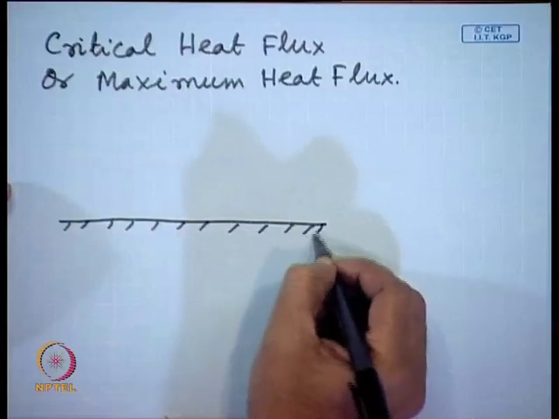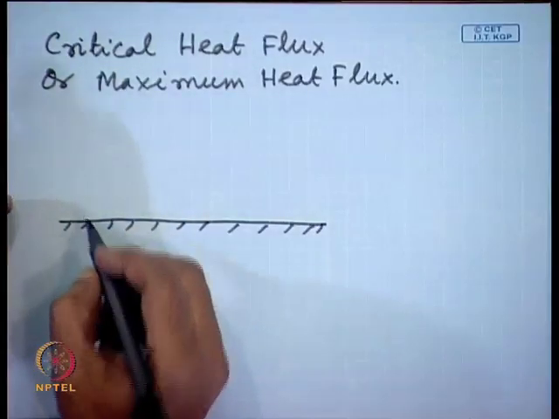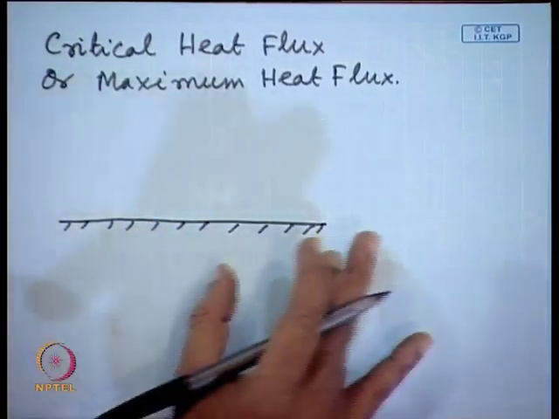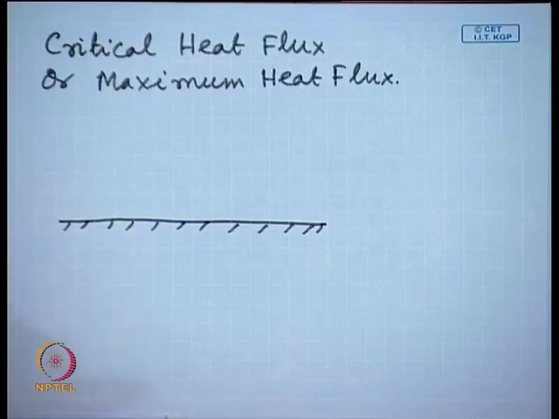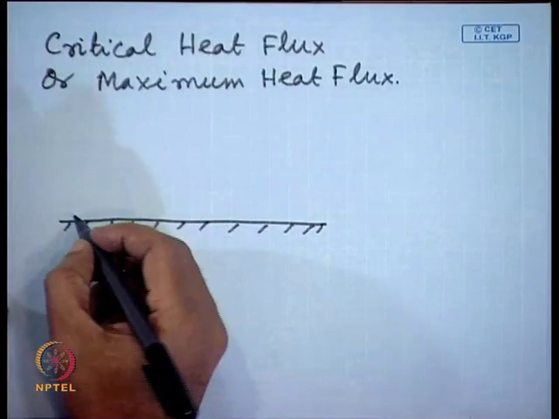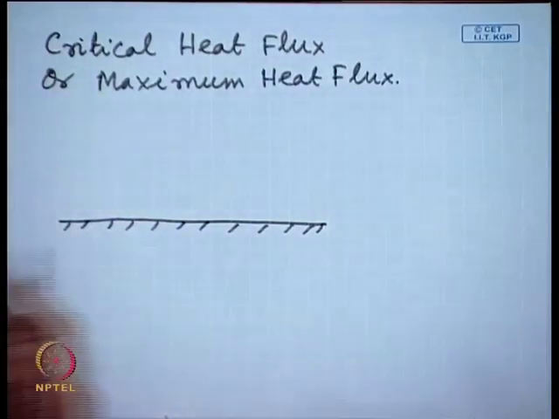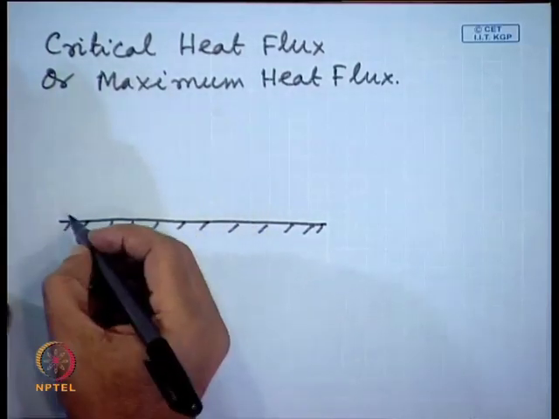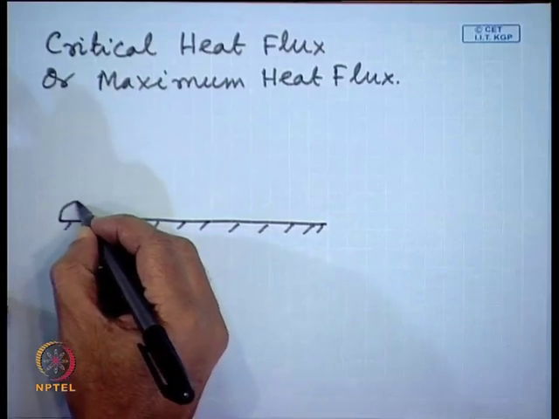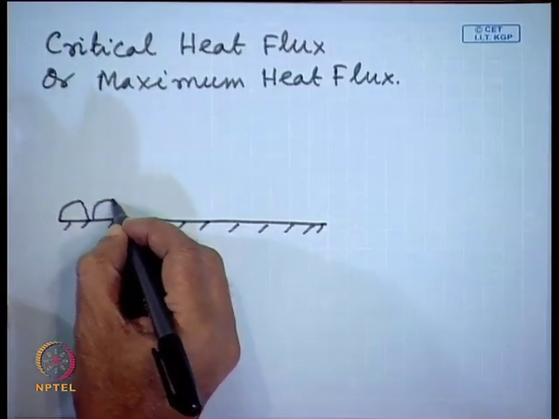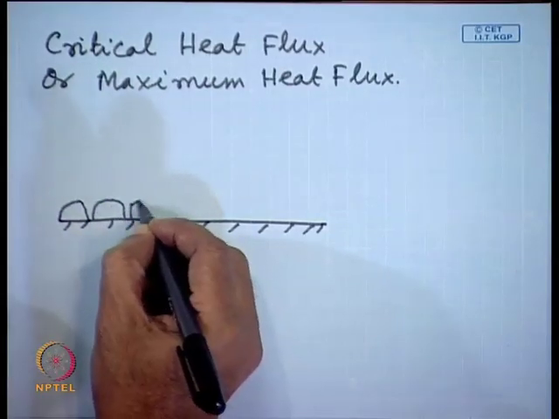First we will see isolated bubbles, then as the heat flux is increasing, there will be a large number of nucleation sites, and neighboring bubbles will actually come very close.